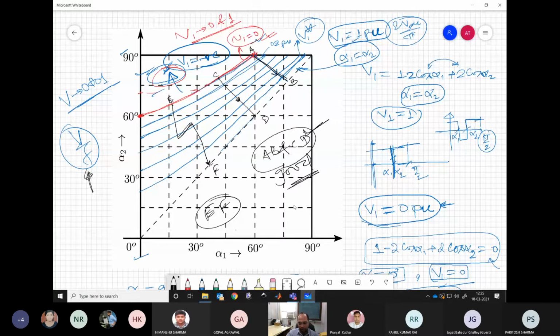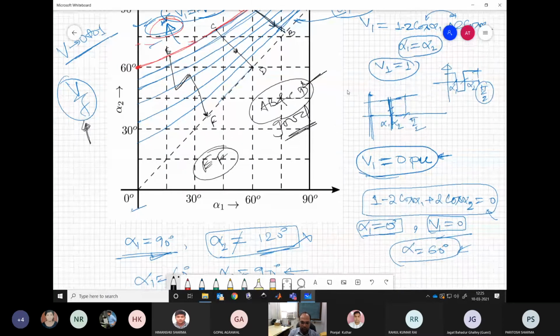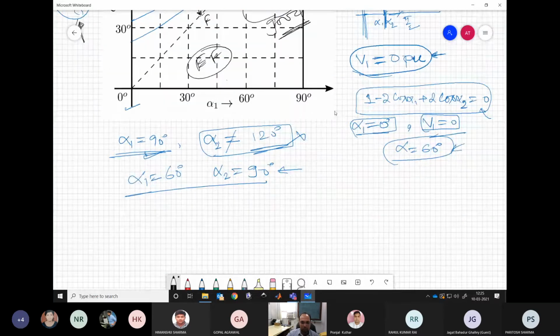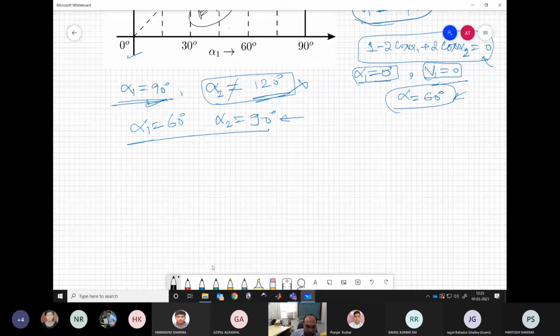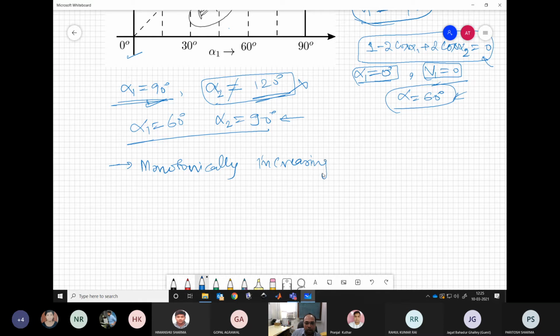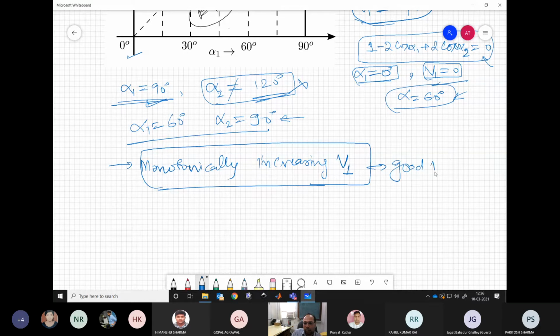Now if we generalize this, we can say that any curve which has monotonically increasing V1 is called a good PWM technique, compared to those which do not have this property.